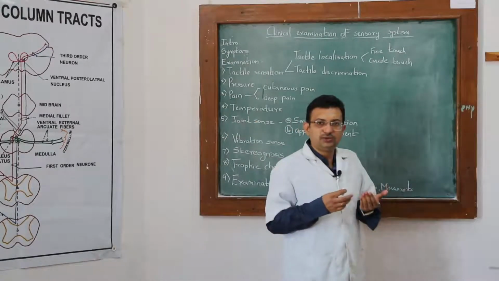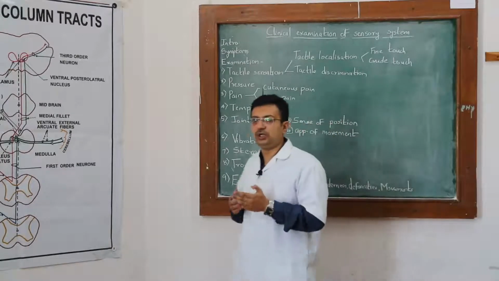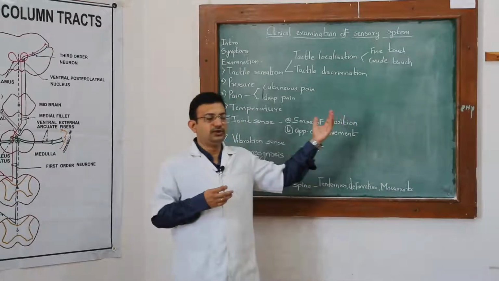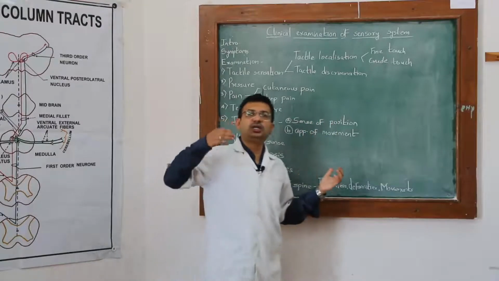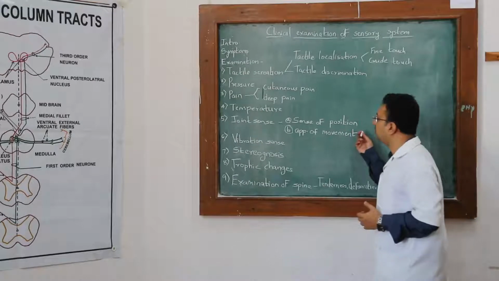The examiner passively moves the hand of the subject in a particular way, and then the subject has to do it on the opposite side. This is for sense of position.